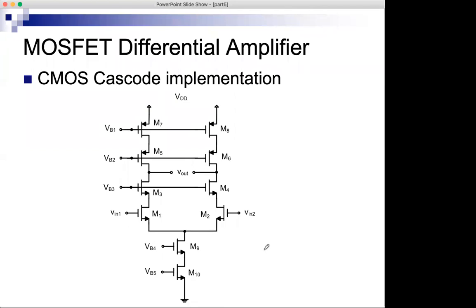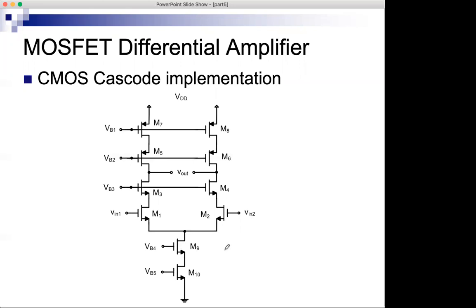Yes, we can implement a current source using not just one MOSFET, but two. And this is something that we covered when we talked about the cascode amplifier and the benefits of cascoding.